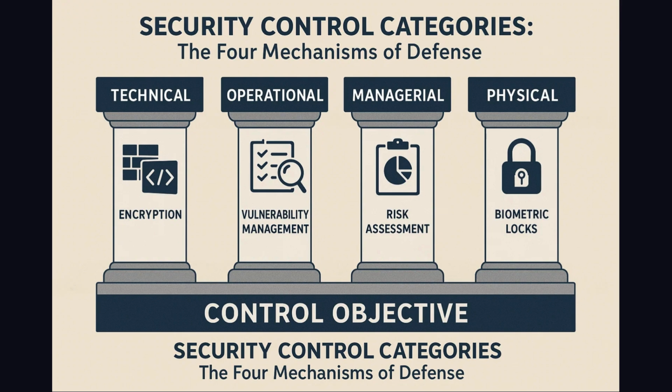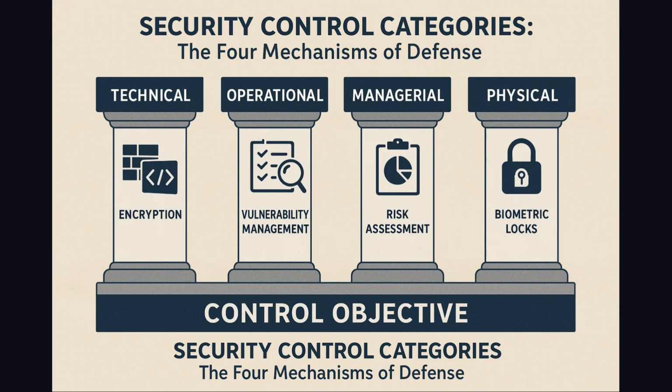2. Operational controls. Operational controls manage the processes we put in place to manage technology securely. These are often the day-to-day security tasks. Examples: user access reviews, log monitoring, and vulnerability management. 3. Managerial controls. Managerial controls are procedural mechanisms focused on the risk management process itself.